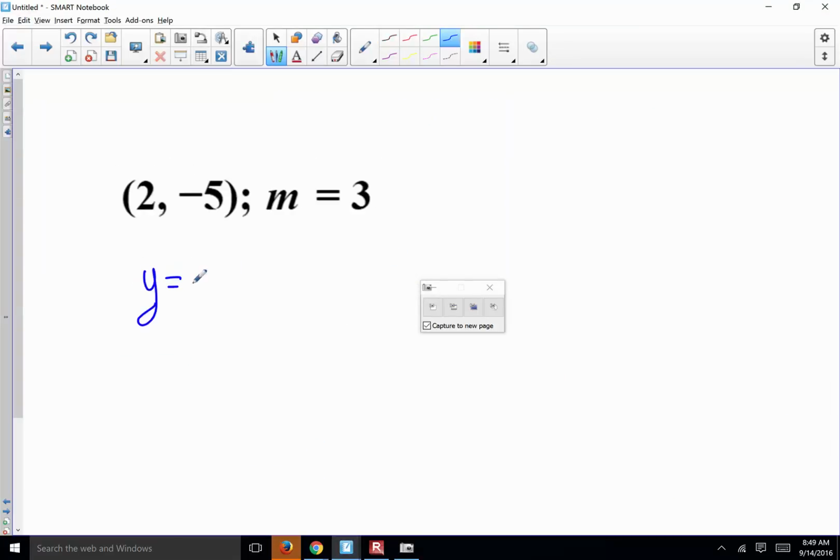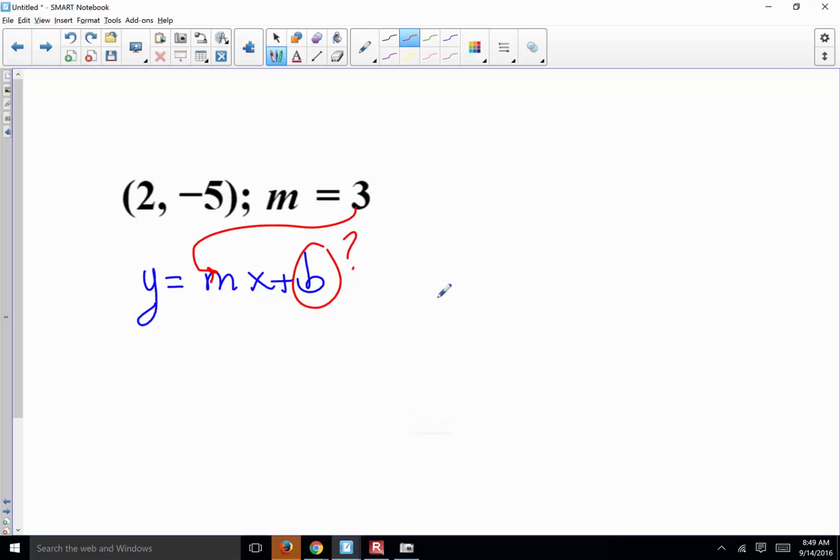Slope-intercept form is y equals mx plus b. So I perfectly know what m is. I just don't know b. How do I solve for b? Any idea? Yeah, just plug in y and x, this and that, and get this. You're done. Okay?